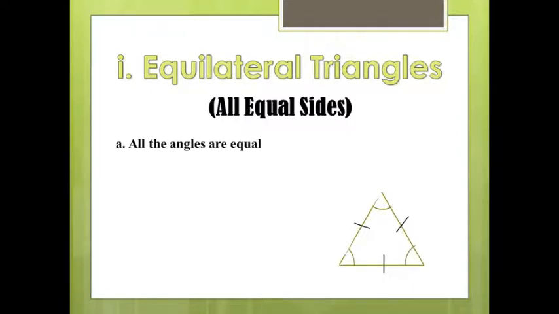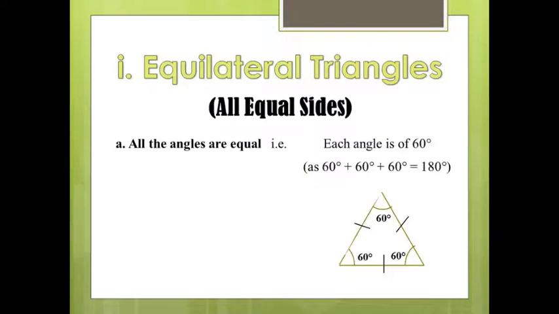It means that every angle of the triangle will be 60 degrees. Means all these three angles must be 60 degrees. As we know that the sum of all the angles is equal to 180 degrees, so if there are 60 degrees each, then 60 plus 60 plus 60 will be equal to 180 degrees.